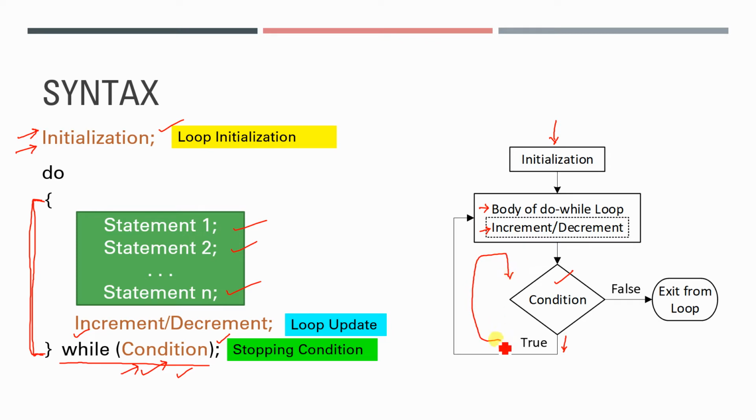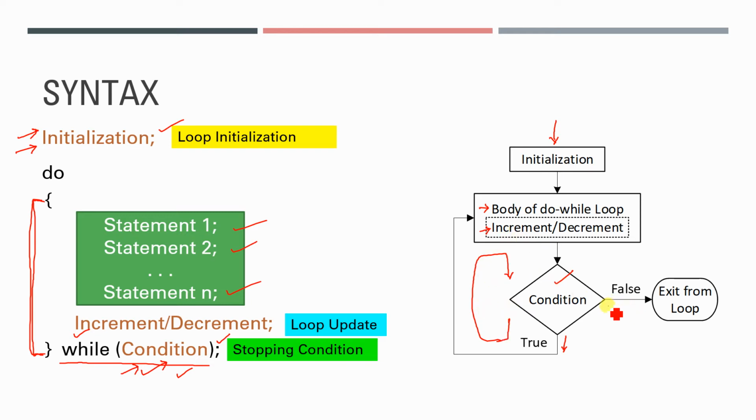So this is the loop. The condition becomes true, go to the body of the do while loop, execute all the statements present inside the body, then either perform increment or decrement, then go to the condition. If it is true, again go to the body of the do while loop, and so on. So this forms a loop actually.